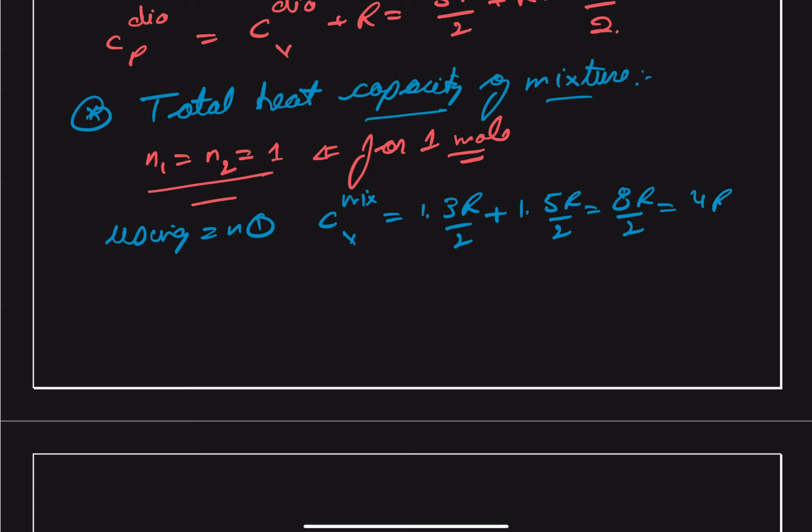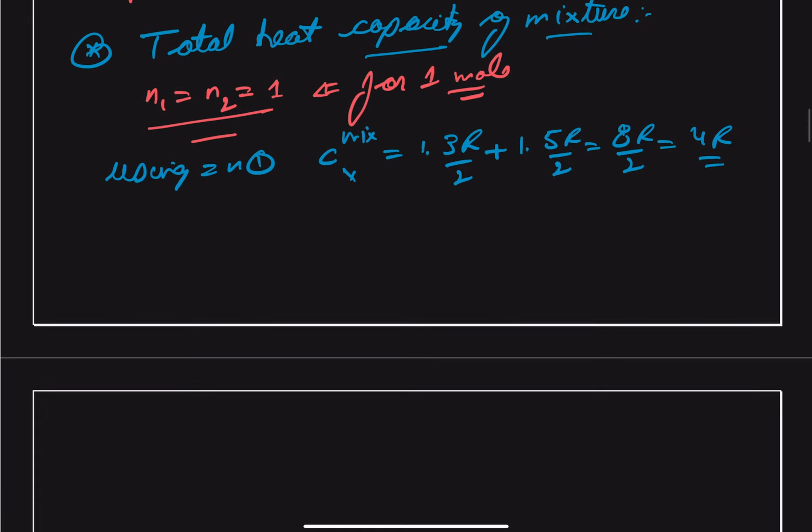And similarly Cp mix will be equal to 1 multiplied by 5R by 2 plus 1 multiplied by 7R by 2. This comes as 12R by 2, ultimately giving us 6R.